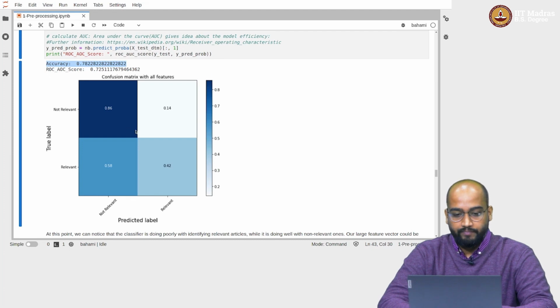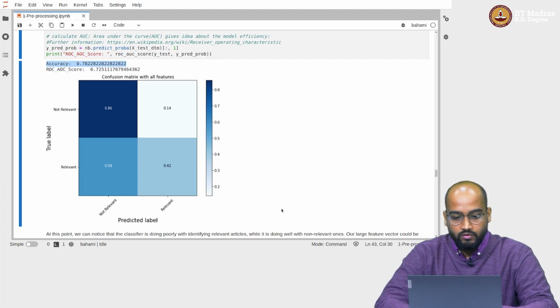This diagonal is the predictions that you made correctly. These are the ones that you made incorrectly. So what it is saying here is that 42% of the relevant ones were classified correctly, and 58% of those were classified incorrectly as not relevant. So with true label and predicted label, you can interpret a bit deeper into your results.